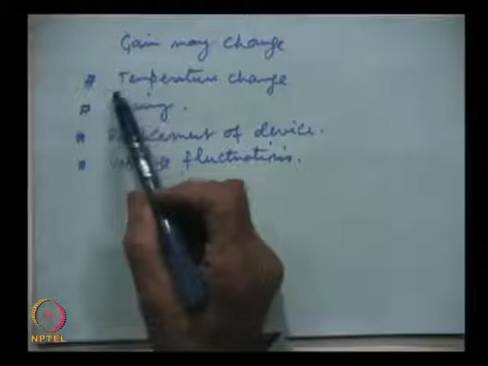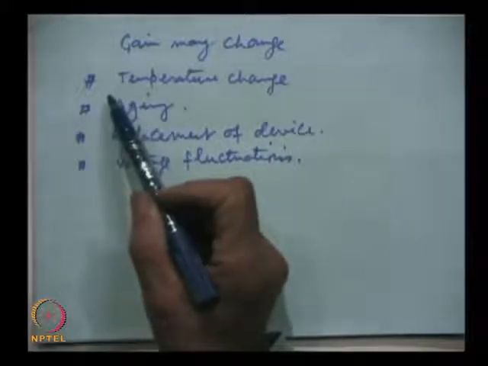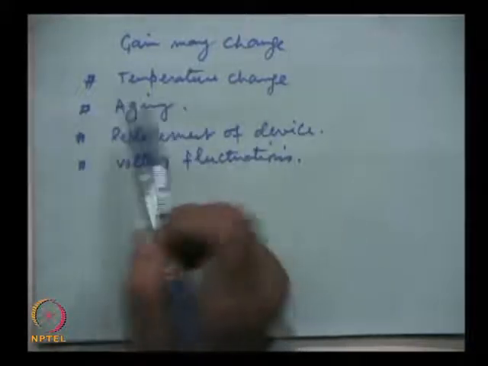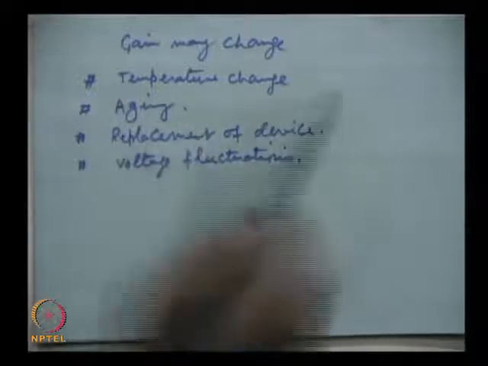And we will see that it will bring stability. Not only stability, there are various modifications which are desirable in an amplifier, and they can be achieved by using the proper type of feedback. One thing again very important, we will not bother whether the circuit performance changes because of temperature change, aging, replacement or voltage fluctuations.